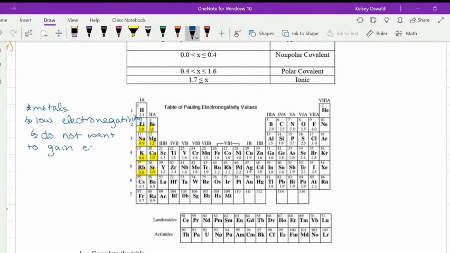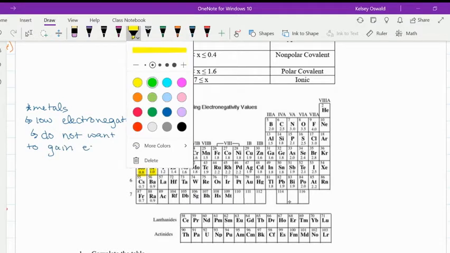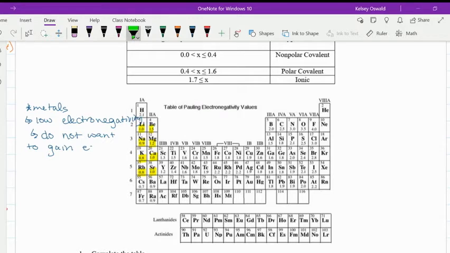However, as we make our way over to our nonmetals, we can see our electronegativity values are much greater. So our nonmetals have a high electronegativity.